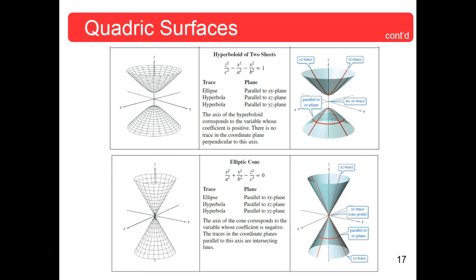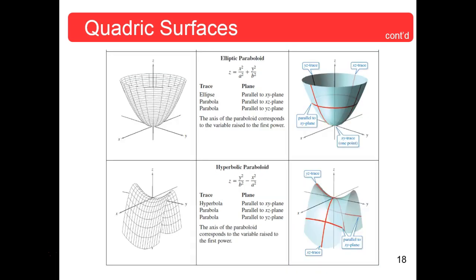Okay, your last two, your paraboloids. In a paraboloid, one variable is to the first power, the other two to the second power. So when y is equal to 0, you have a parabola. When x is equal to 0, you have a parabola. Y equals 0 is in the xz plane, that's this one.